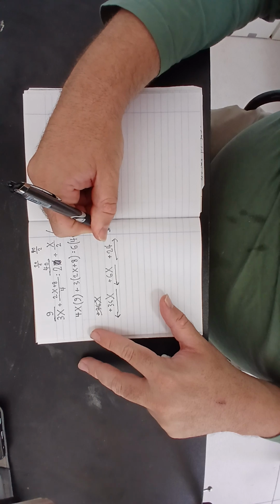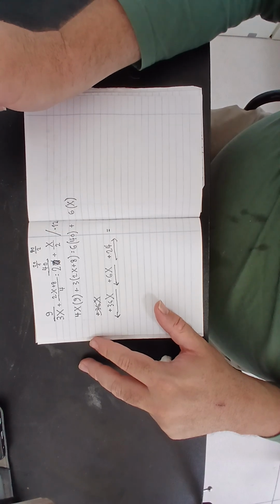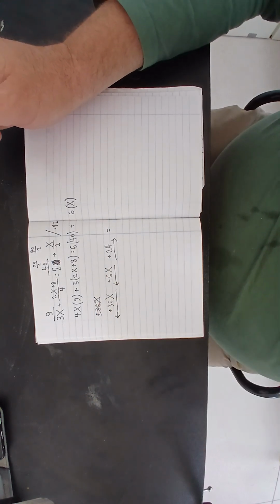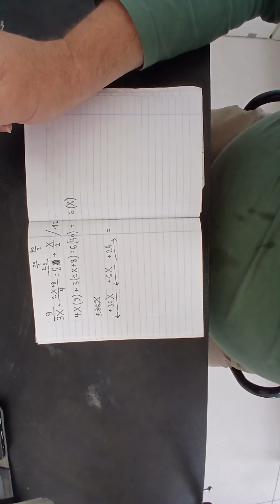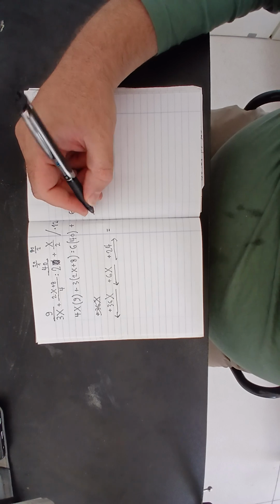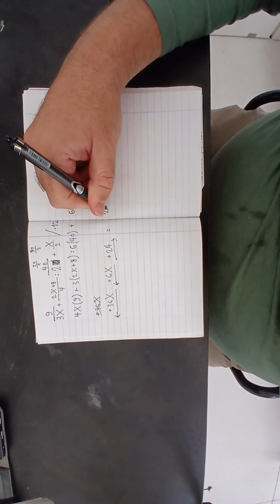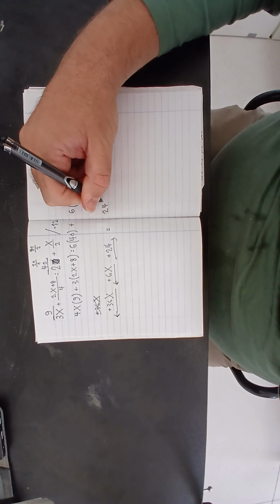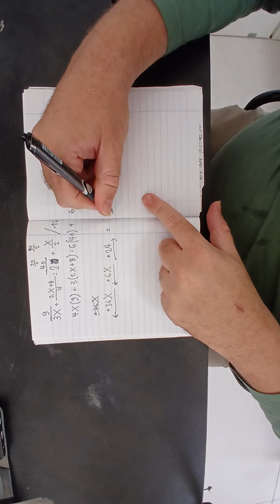Okay, so that will be equal to 6 multiplied to 14 is 84, going that way.